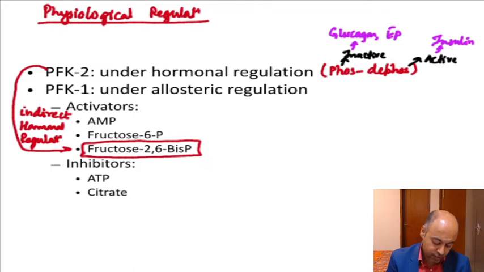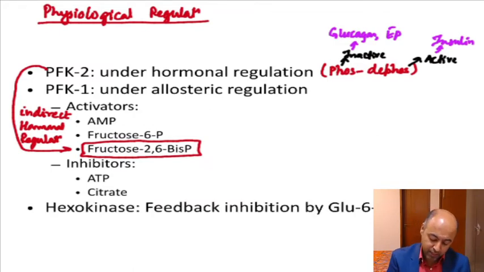Then we have the enzyme hexokinase. Hexokinase will show feedback inhibition by glucose 6-phosphate. Here, what you have to note, for glucokinase, the concentration is increased by insulin.